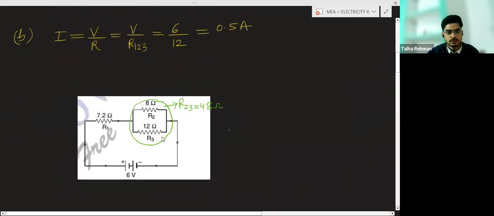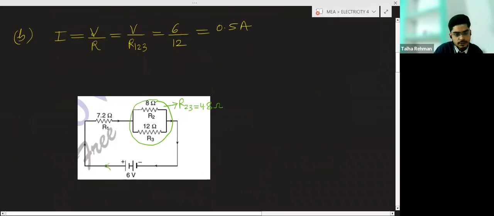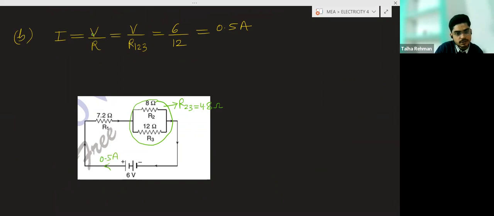In this circuit, a current of 0.5 ampere is flowing, which means in this resistance, the current of 0.5 ampere will go. This is the current I.